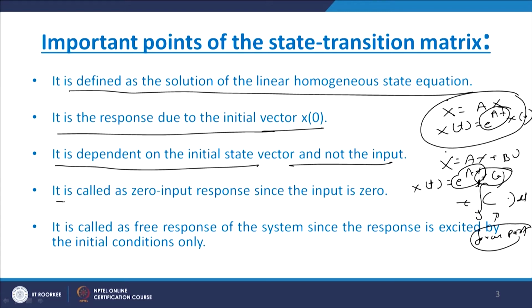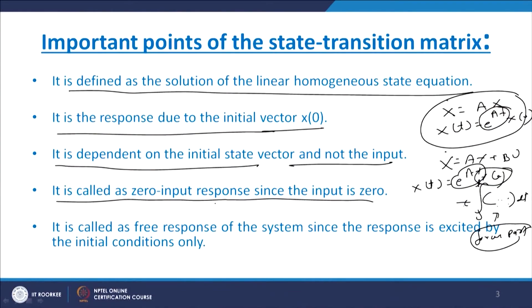So, it is called the zero input response, since the input is 0, whereas the force part is called the zero state response. In the force part no initial state is involved, but as we are now discussing the state transition matrix, it is concerned with the zero input response, because in the portion e raised to a t into x naught there is no input.